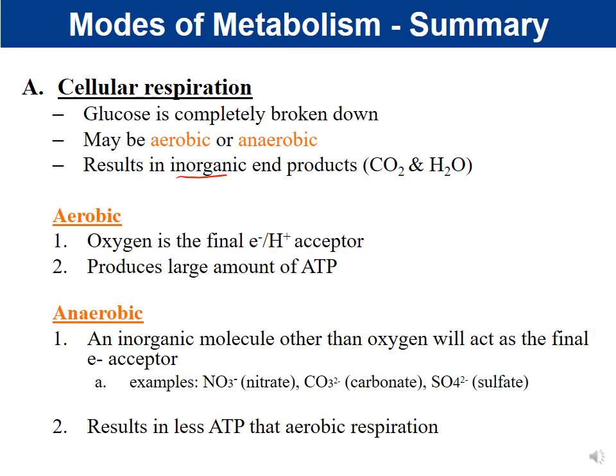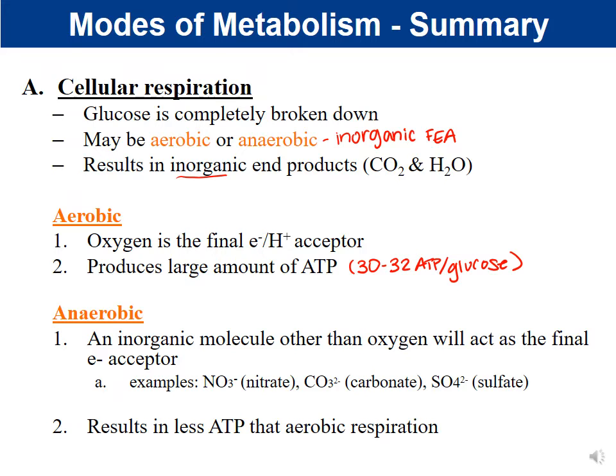In both cases, it uses inorganic final electron acceptors. If we call it aerobic respiration, oxygen is the final electron acceptor. And this again is going to produce the largest amount of ATP. This is going to give us the highest ATP yield, about 30 to 32 ATPs per glucose.